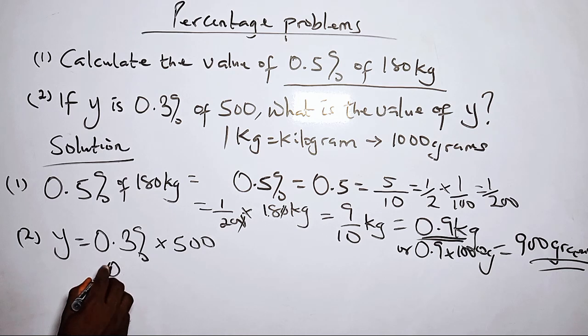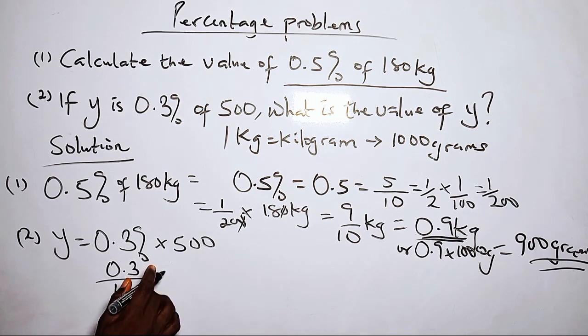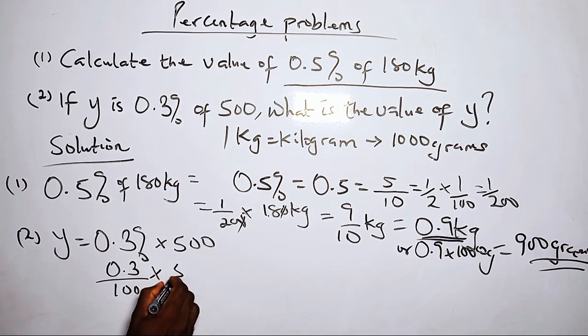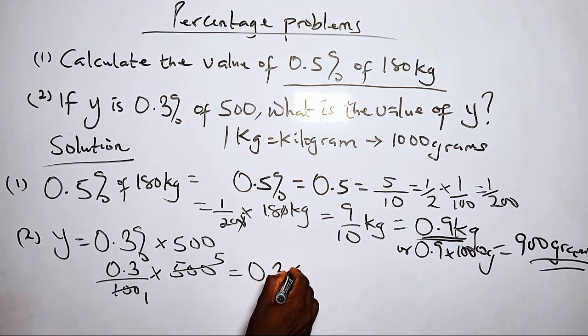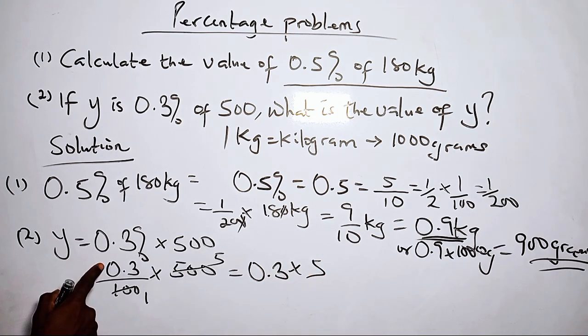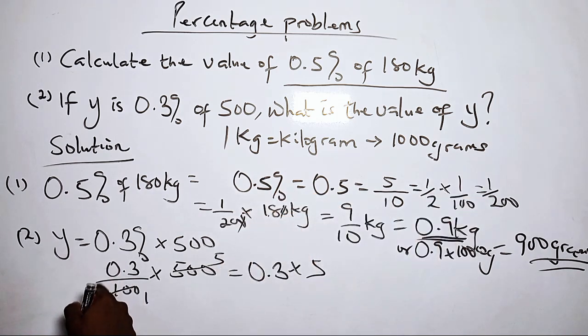So we have 0.3 divided by 100, and we multiply it by 500. So 100 there is 1, 100 there is 5, okay? So here we have 0.3 times 5. So we can simplify it this way, or we break it down this way, either of the two.